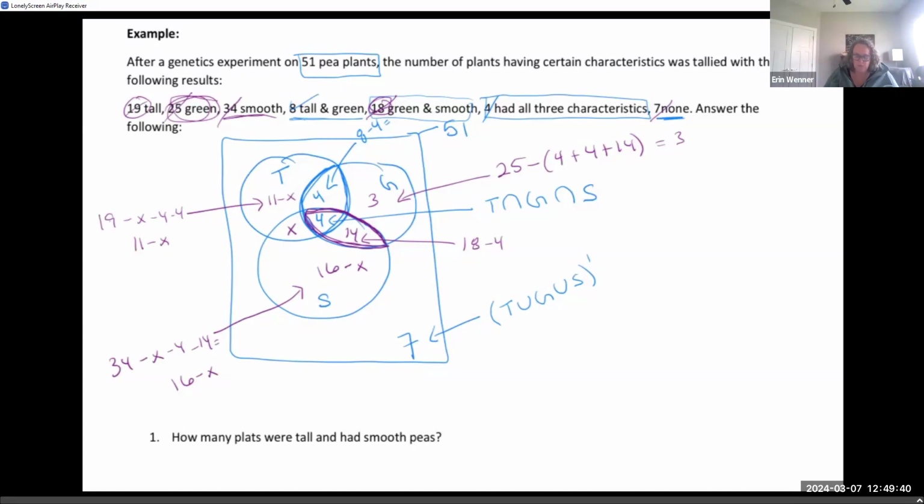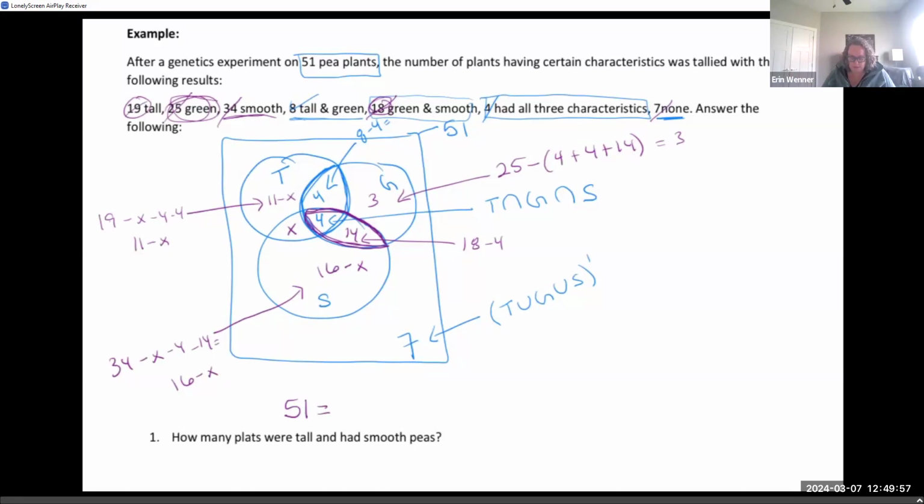And so the 51, that sum of the total number of pea plants, has to equal the sum of all the individual pieces. So what that's going to look like is we're going to take our 51 and we're going to set it equal to the sum of each of the pieces.